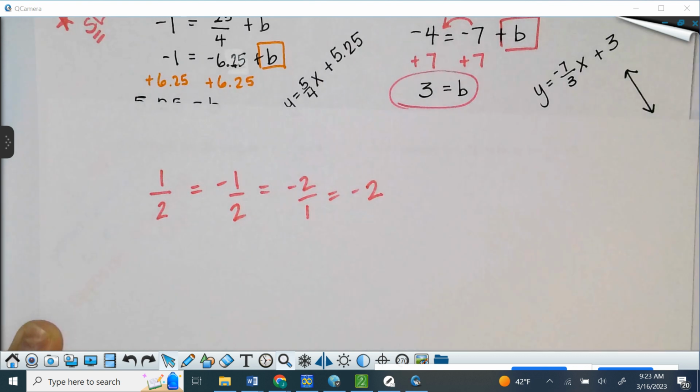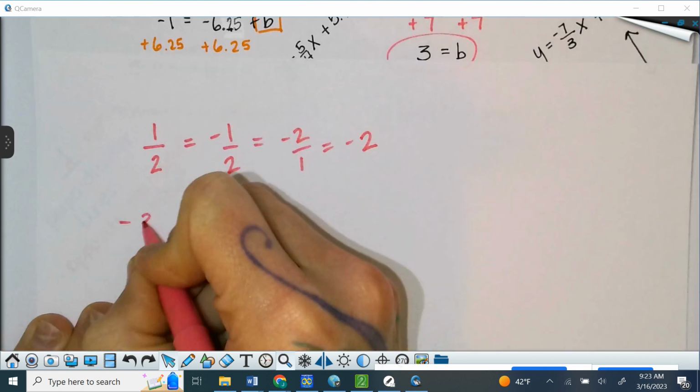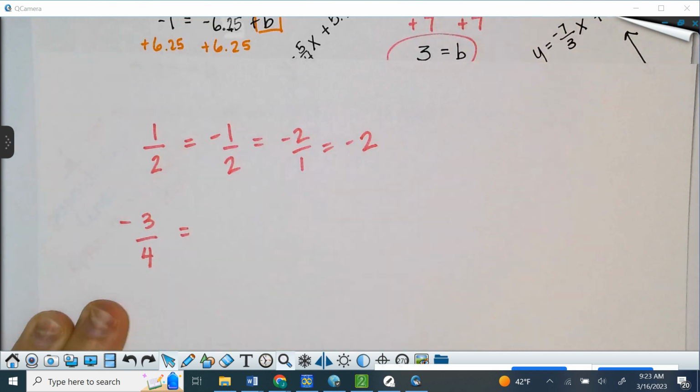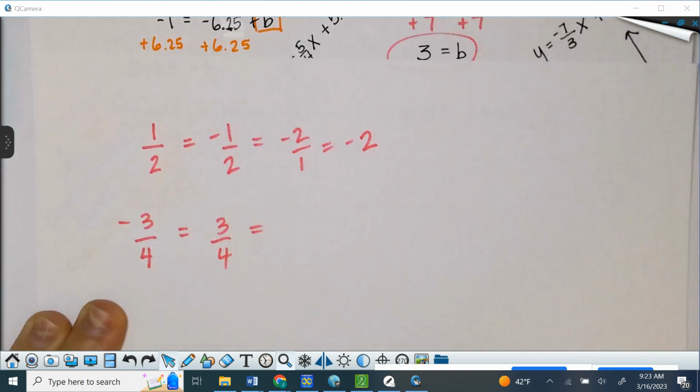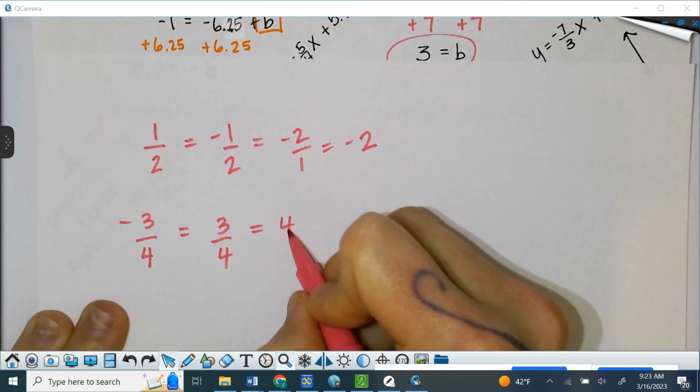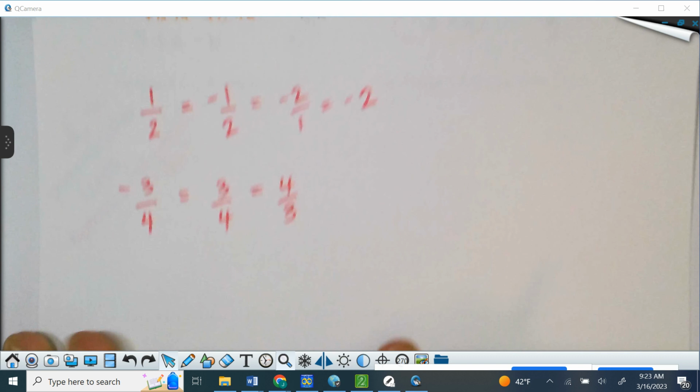All right, so if I have a negative 3 over 4, what's the opposite of negative 3 over 4? Yep, positive 3 over 4. So we took care of the opposite, check. And now we have to do reciprocal. So it's going to turn into a positive 4 over 3. Good. And let's see, one more. Let's do positive 3.